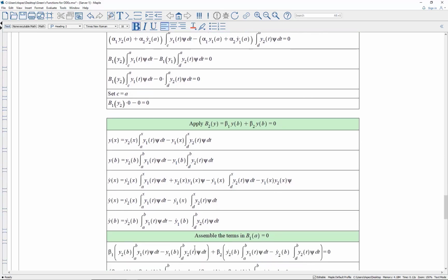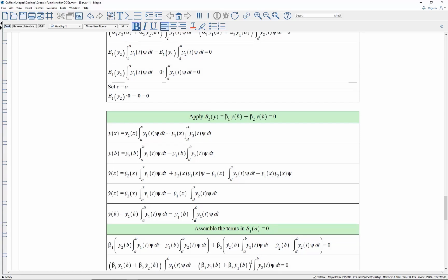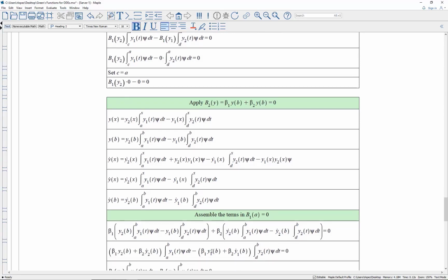Then you put the pieces together. Beta 1, beta 2. This is the y, and this is the y prime. You shuffle the terms around, factor out the integrals. Okay, a to b here, and d to b here, because we now know what c was. C is equal to a.